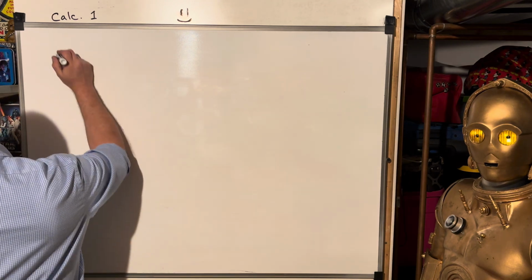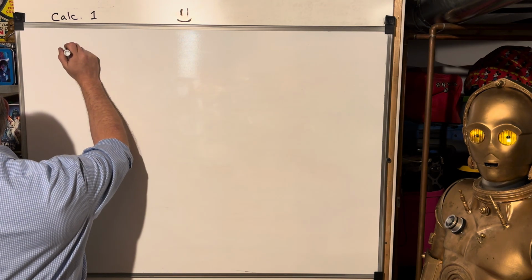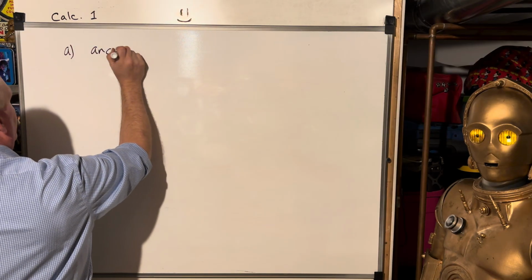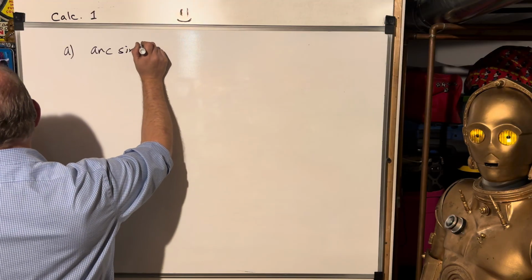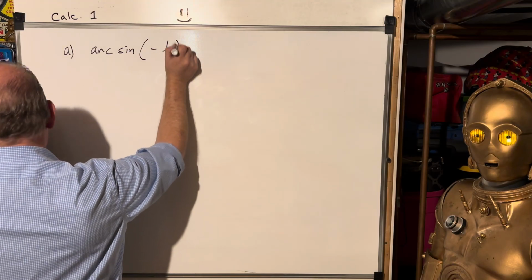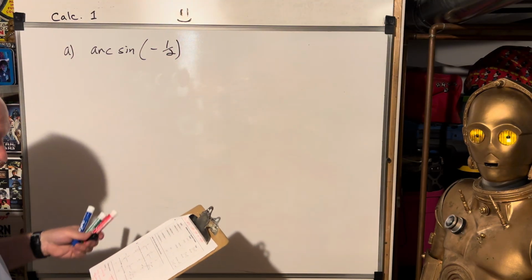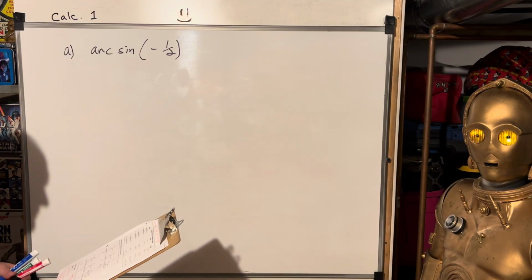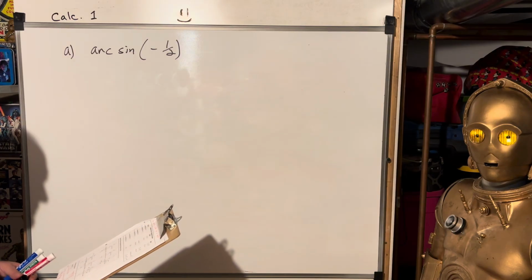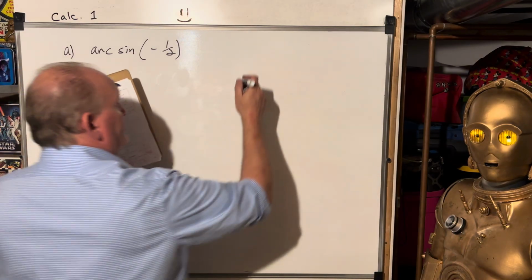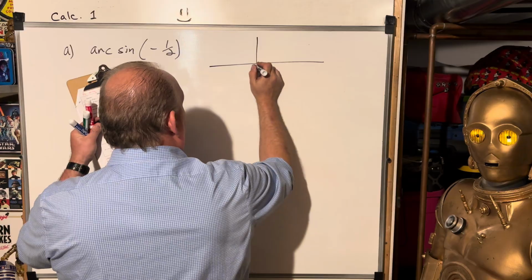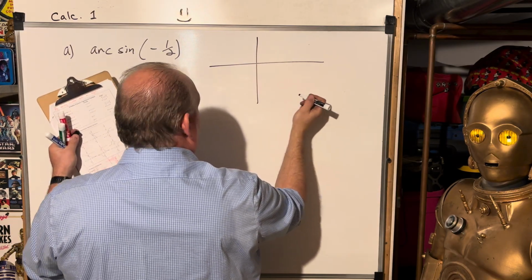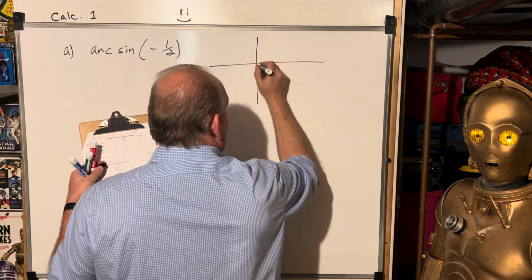All right, so let's see. They want me to take the arc sine of negative 1/2. And so, let's take a look. We've got the sine, remember coleslaw.